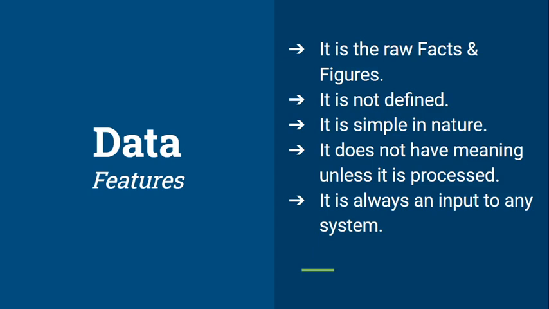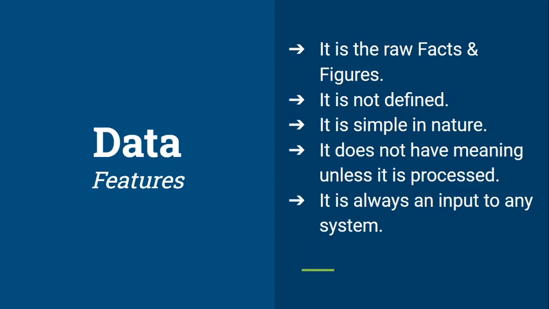Since it is the raw facts and figures, it is simple in nature. And as the data does not have any meaning, it is meaningless, and when will it get its meaning? Only on being processed.